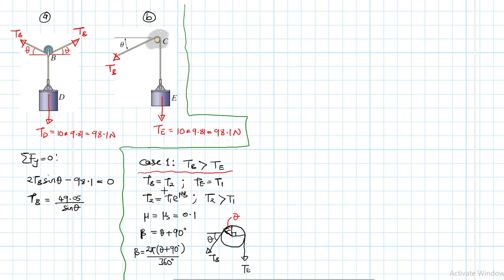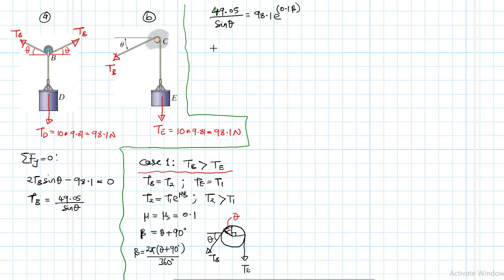So we said TB is equal to T2, therefore we'll have 49.05 divided by sine theta equal to, and T1 is TE. What is our TE? TE is 98.1 times e to the power mu, mu is known, times beta. I will not write beta in there because it's too big. I'll replace it later on.